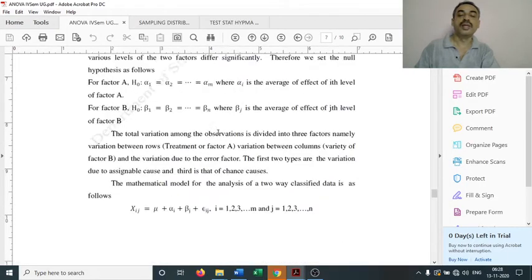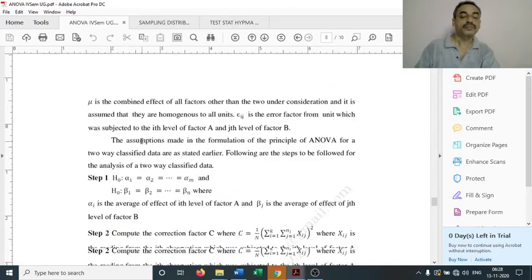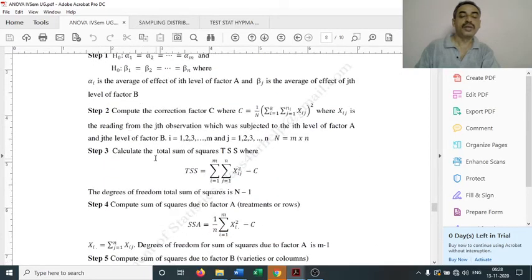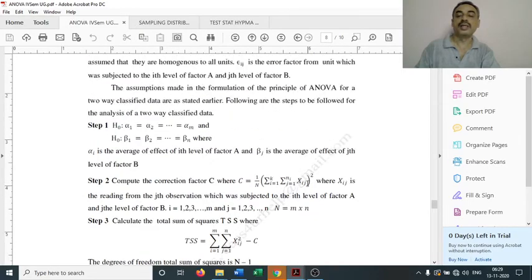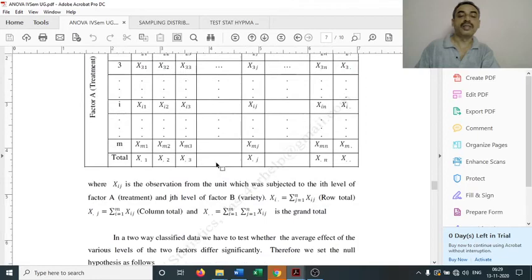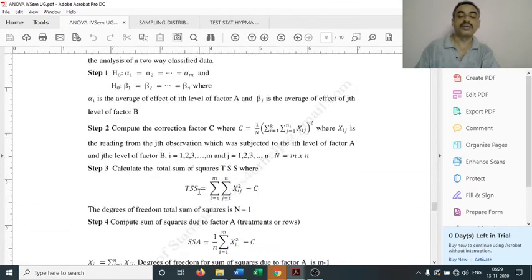In the table we are finding the totals of the rows, that is x1 dot, x2 dot, x3 dot, or xi dot, denoted by the sum over j equal to 1 to n of xij. It has m minus 1 degrees of freedom, because here there are m treatments.